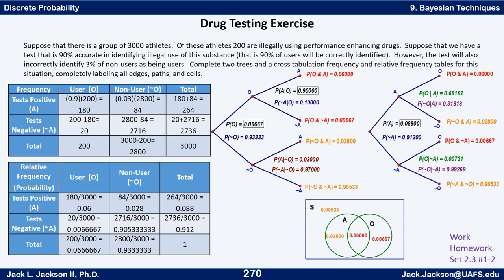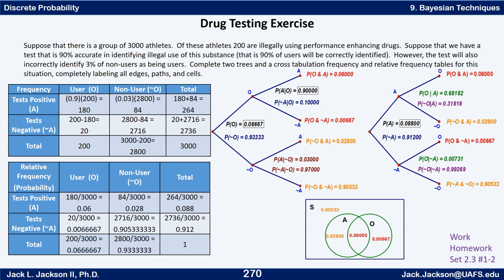There are 3,000 athletes altogether. 200 are users. 2,800 are not users. There are 2,736 tests that should come back negative, and 264 should come back positive. Okay? So of the 200 users, 180 of them will test positive.